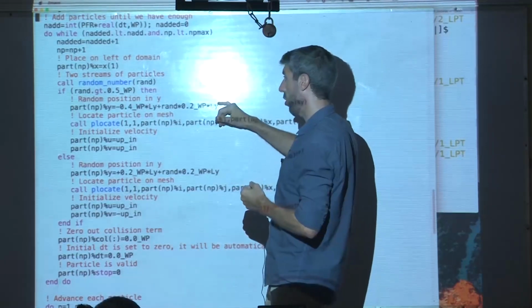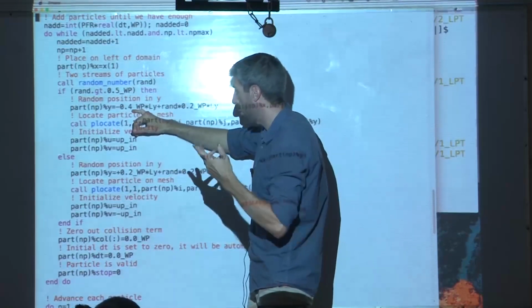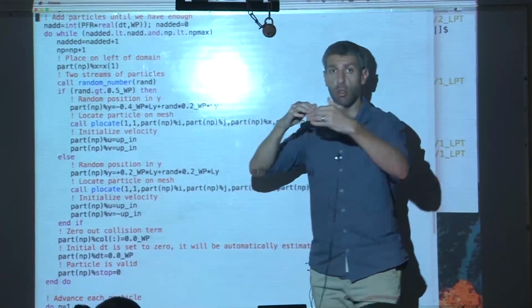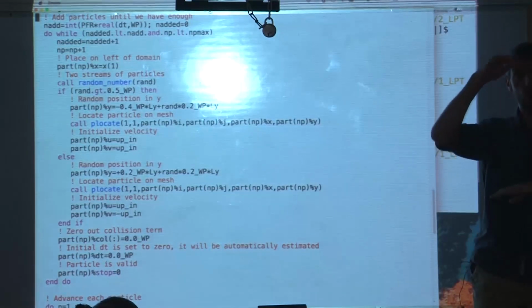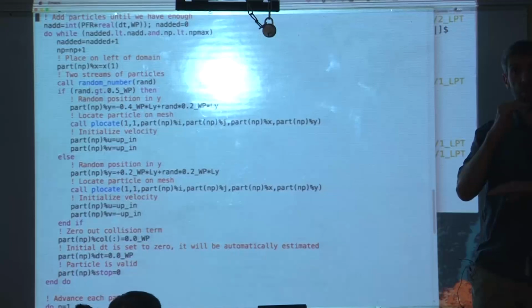Sorry, the other way around: if it's above 0.5, I'm putting them in the lower stream. My domain goes from minus Ly over 2 to Ly over 2, centered at 0.